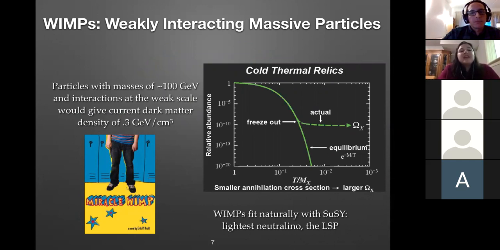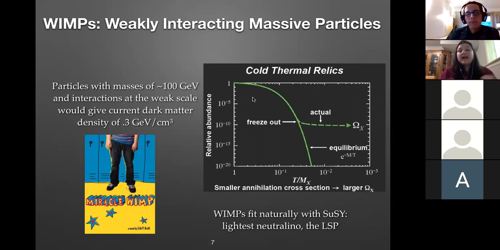And if they had interactions at the weak scale, like the interactions of the W and Z bosons, then we start with the model as shown on the right, where early in the universe, there's lots of energy, it's hot, and particles are popping in and out of existence.